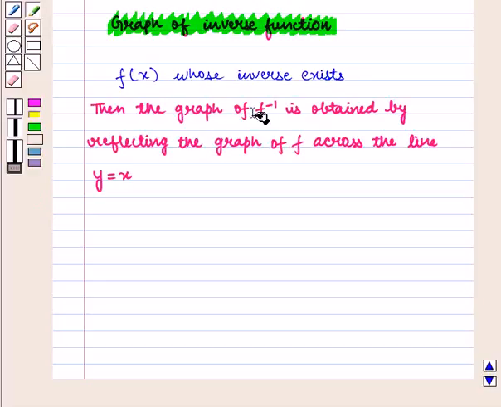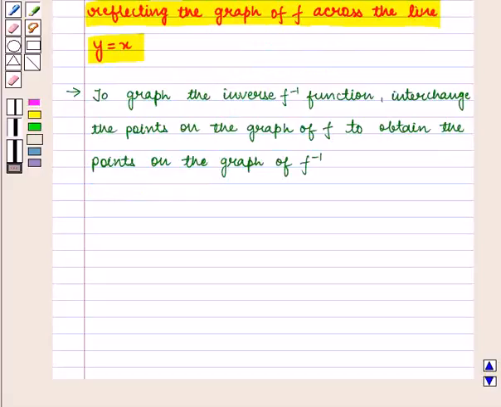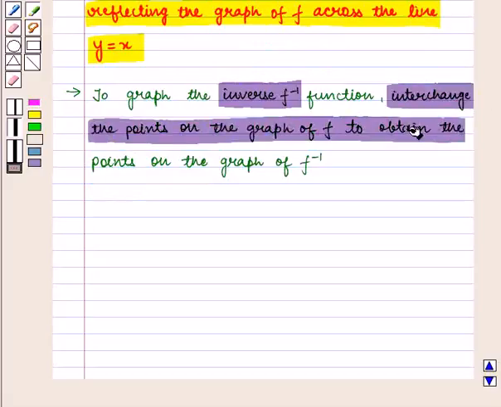Then the graph of f inverse is obtained by reflecting the graph of f across the line y is equal to x. Now, to graph the inverse, that is the f inverse function, we interchange the points on the graph of f to obtain the points on the graph of f inverse.